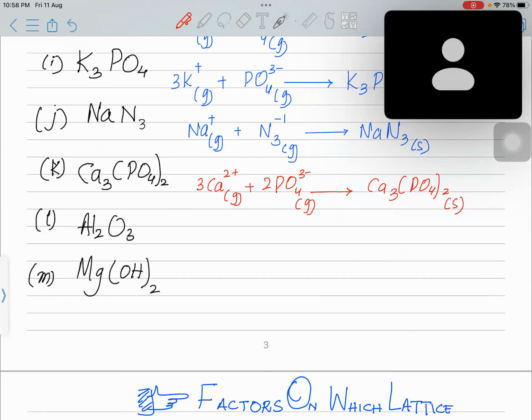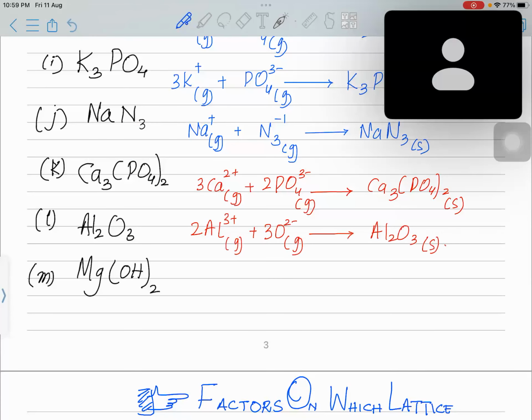Yes, Alia. Next. Sir, 2Al3+ gaseous plus 3O2- gaseous gives Al2O3 solid. Very good. Yes, Fahim.